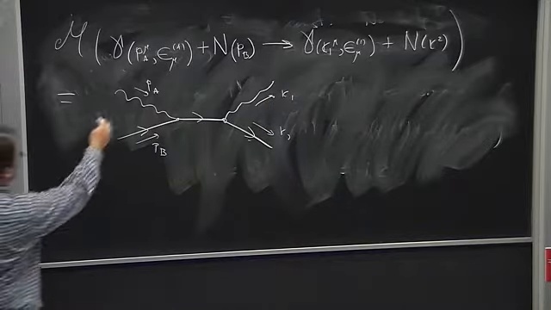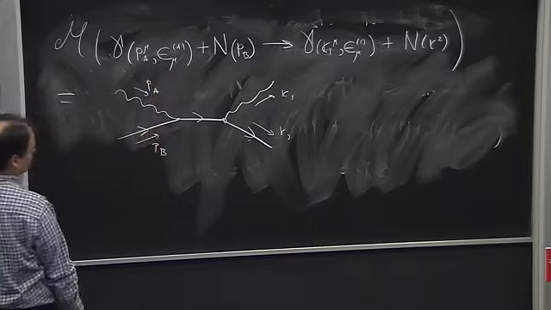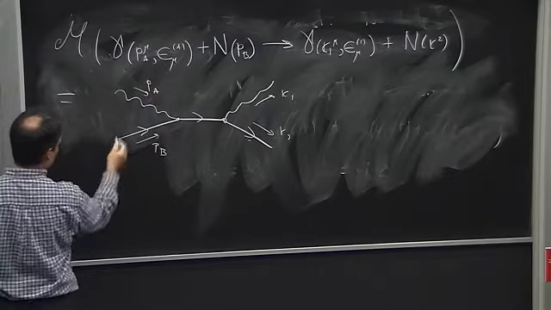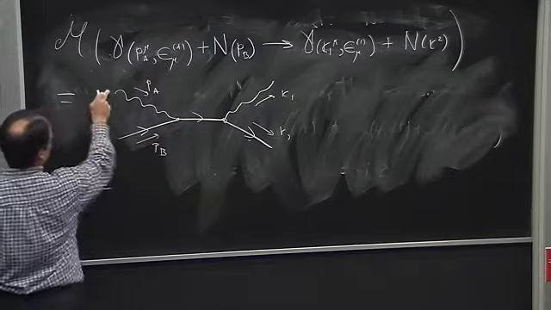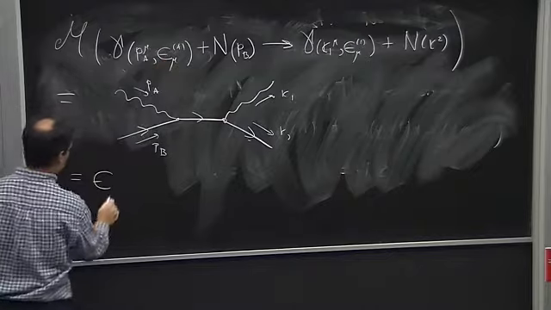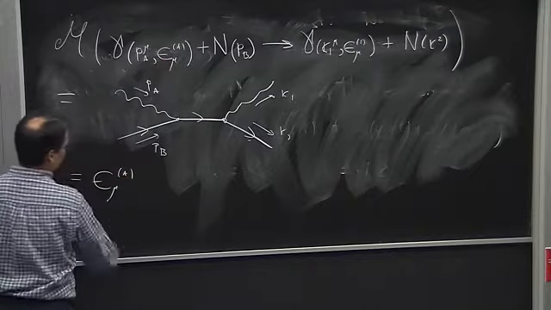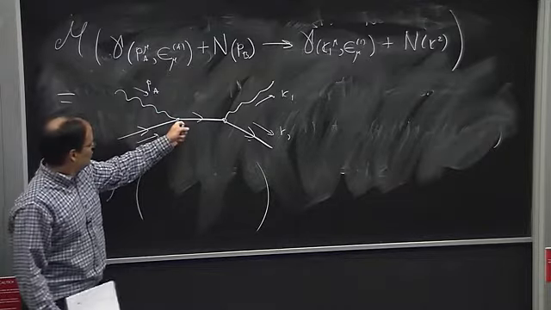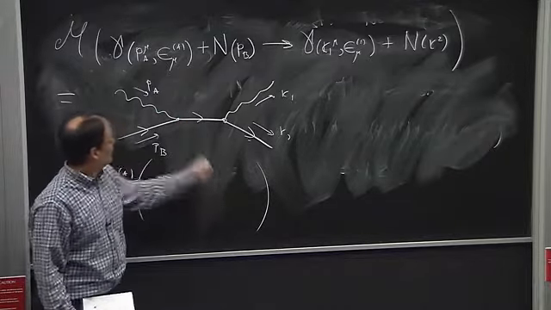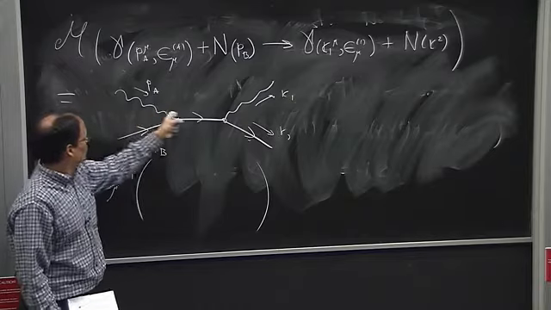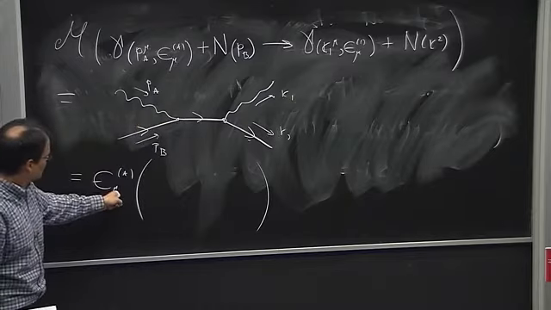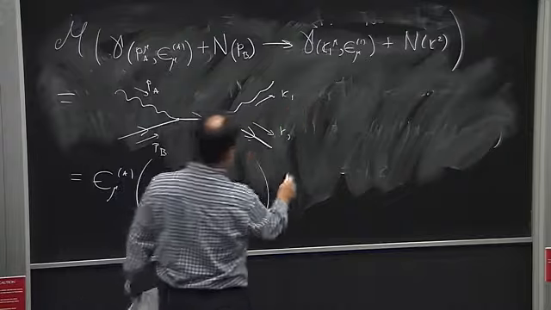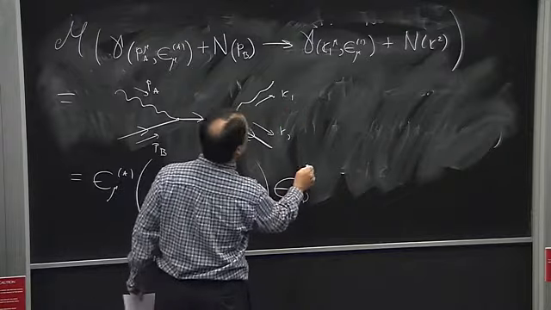Now we have to remember the polarization vectors. When we write down our answer, we have to remember that this one comes with its polarization vector. As an exercise for you, write down what these vertices contribute here. The indices will have to be contracted in such a way that they are contracted with this one.